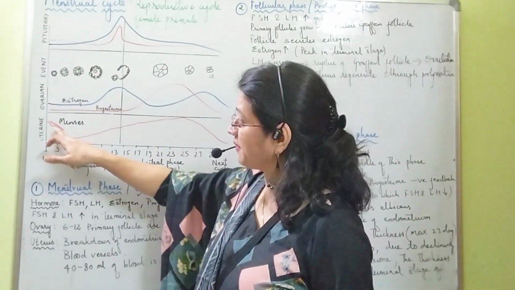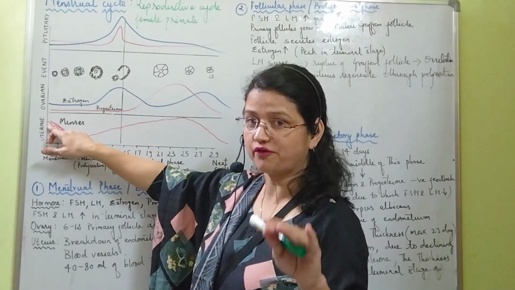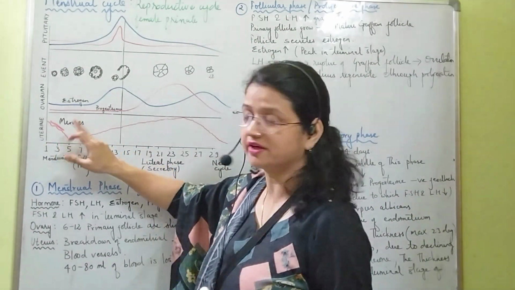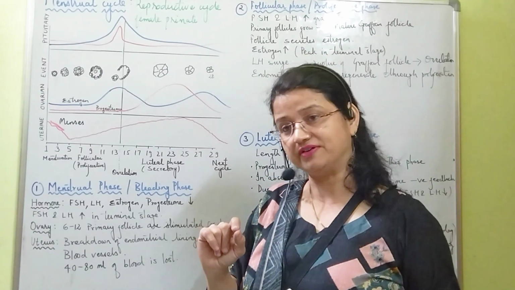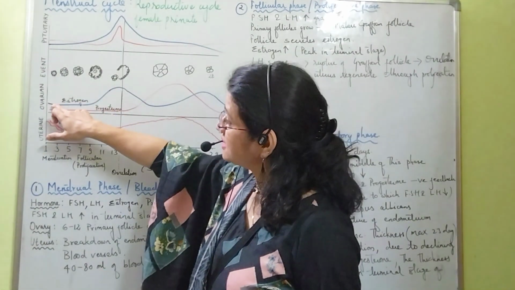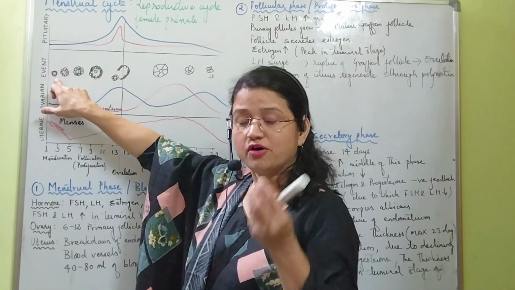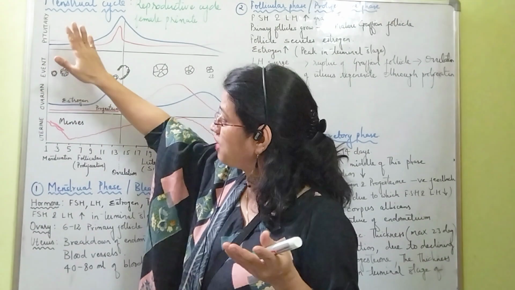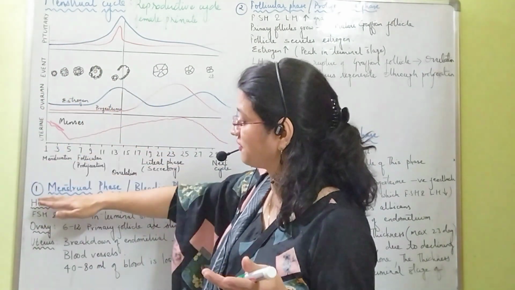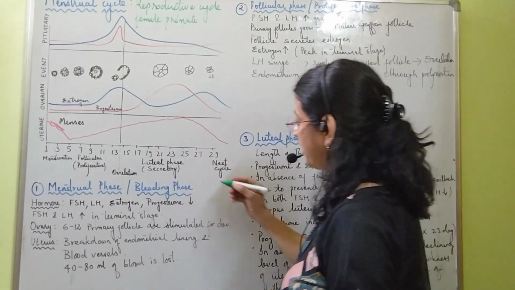As a result, due to the low level of progesterone, there will be the breakdown of the endometrial lining of the uterus and its blood vessels. In the ovary, the primary follicles are stimulated for development. So you have to remember that this menstrual phase lasts for 1 to 5 days.